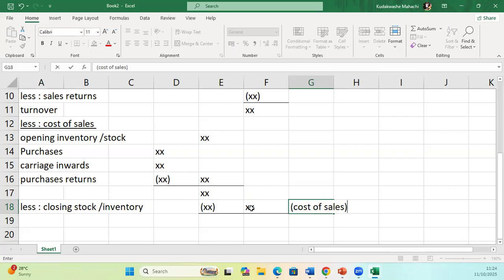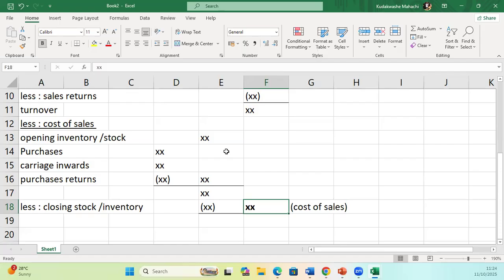You less the cost of the goods that we did not sell this year, the closing stock.